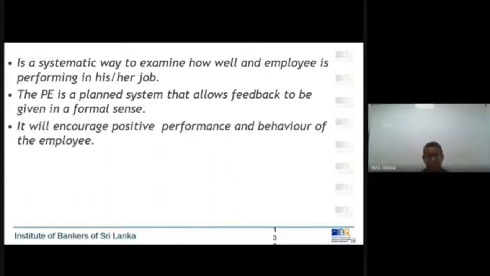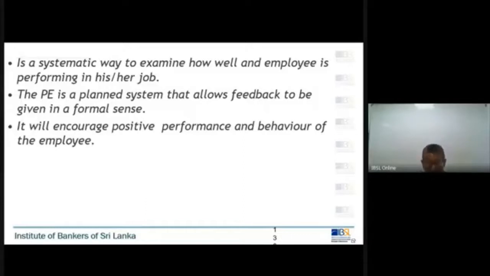What do I mean by that? Through the evaluation of your performance, if you are bad, you are given a warning or instructions: what we are expecting from you is not this, so you have to change your behavior to work harder.